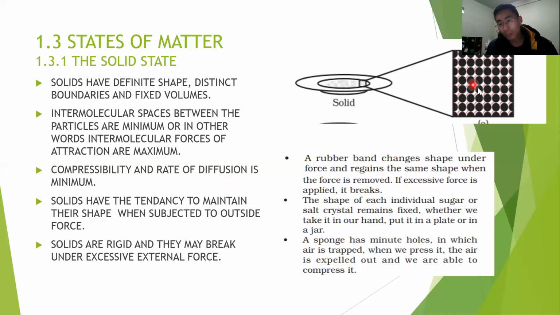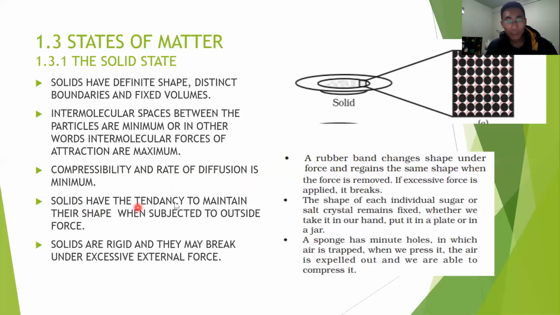Now since the intermolecular forces of attraction are very strong here, these particles do not break off easily. They do not separate easily. So the rate at which diffusion occurs is minimum, very less.